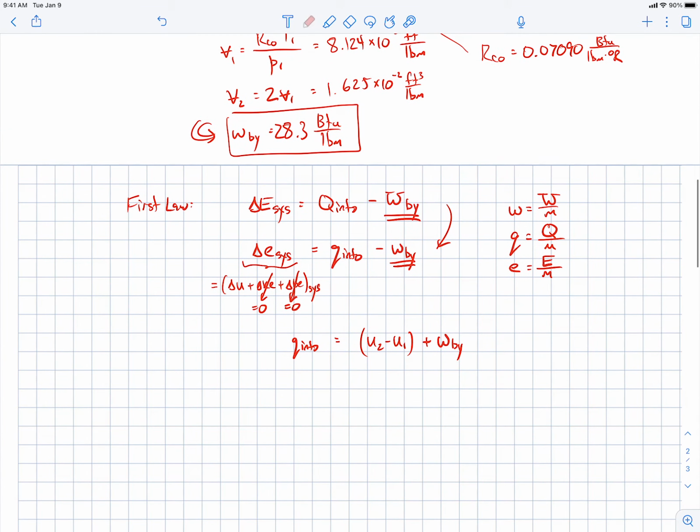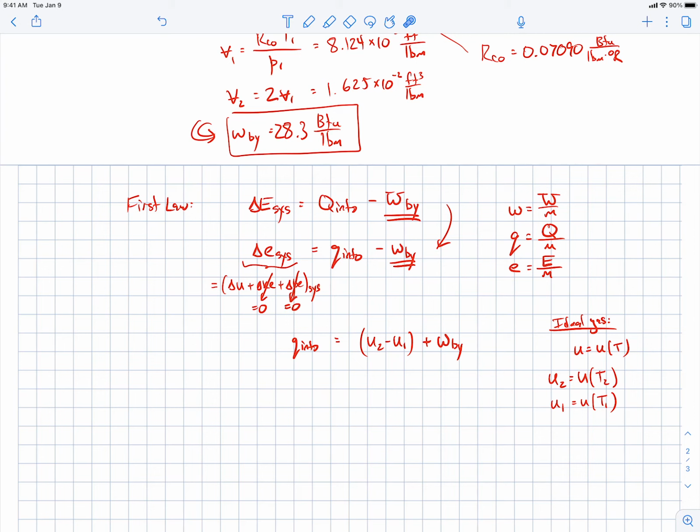Remember that for an ideal gas, I know that the specific internal energy is a function only of temperature. So U2 would just be the specific internal energy at T2, and U1 would be the specific internal energy at T1. So I could go to an ideal gas property table for carbon monoxide and look up the values for these specific internal energies at those temperatures to get these values.